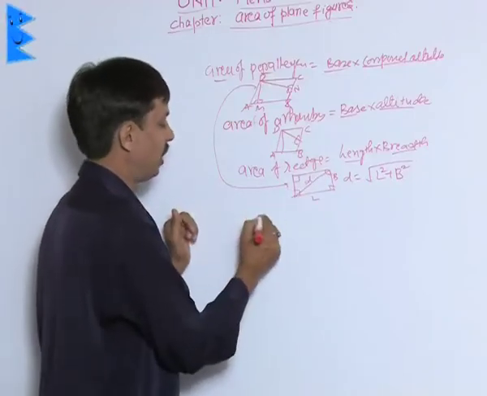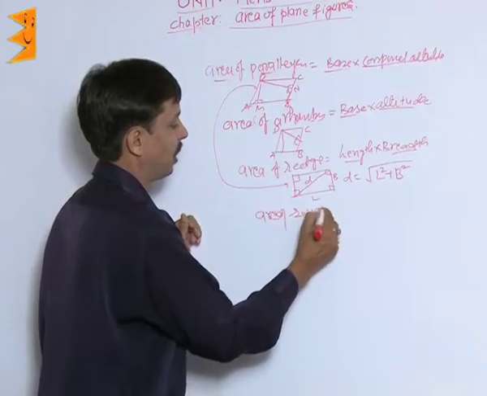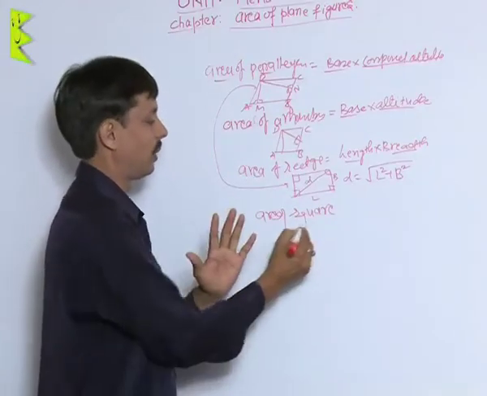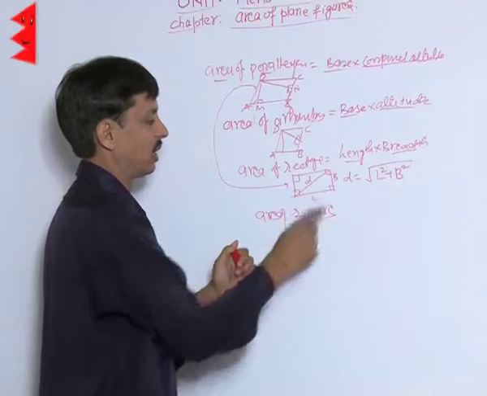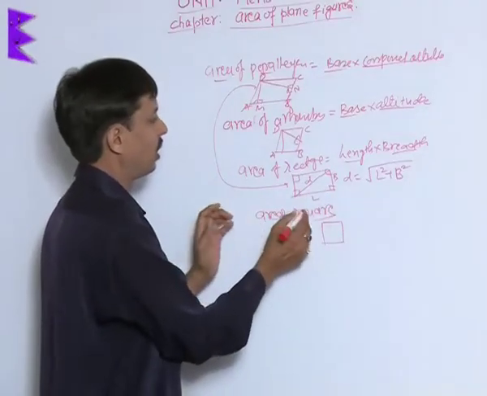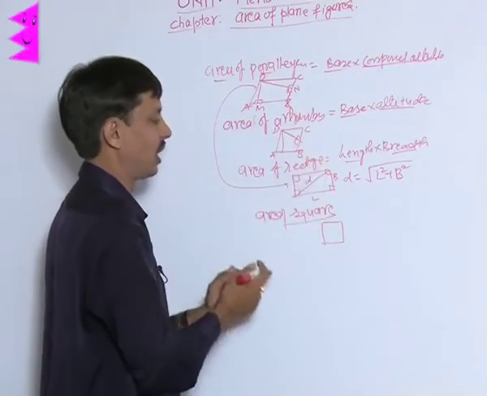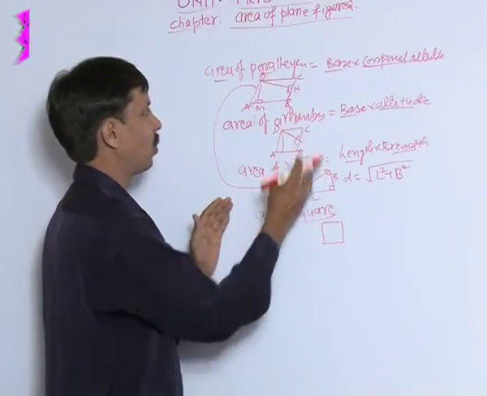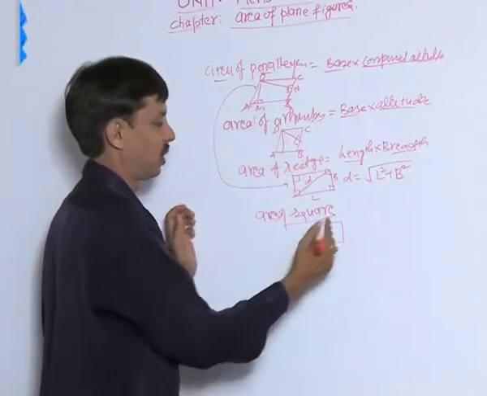Now we come to the square. How do we find the area of a square? A square has three definitions. A square is a rectangle whose each side is the same, or a square is a rhombus whose each angle is 90 degrees, or a square is a parallelogram whose all sides are equal and all angles are equal.